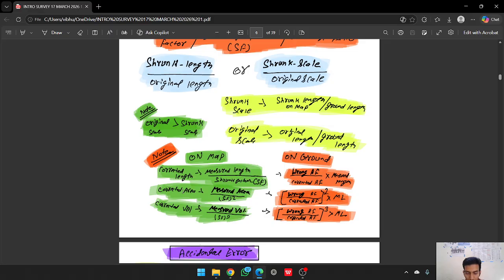If we have to find area or volume, we have to square in area and cube in volume.